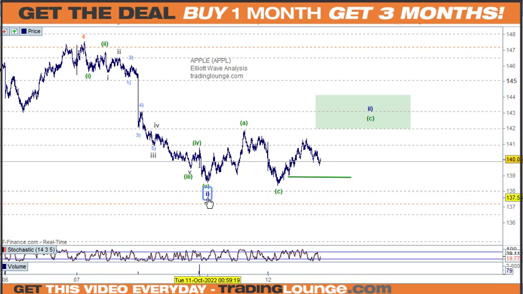So in this case with the S&P, we got wave 1 over here, and we talked about having it over here. So in this case, we could look at it as an A, B and C for the A wave, and A, B and C here for the B wave. That's not a very good B wave, is it?